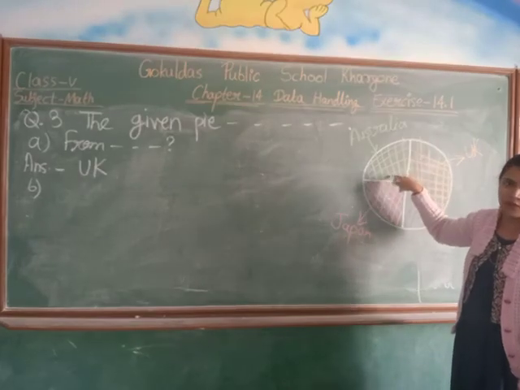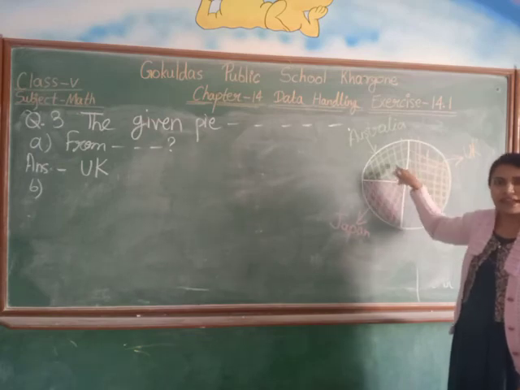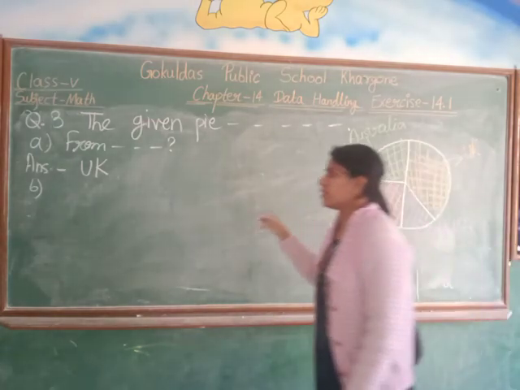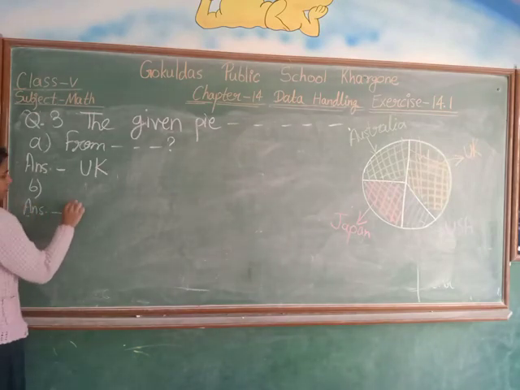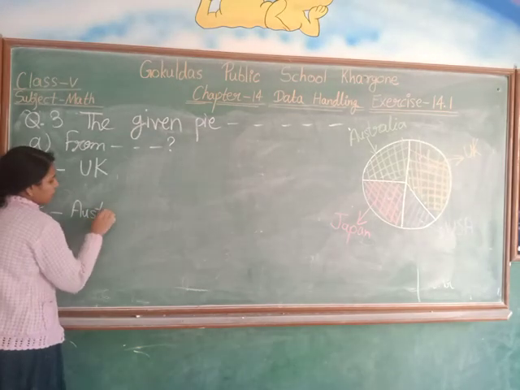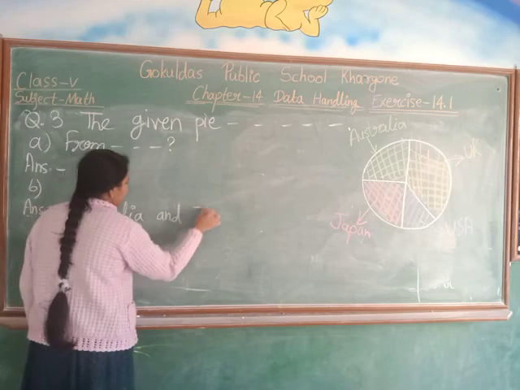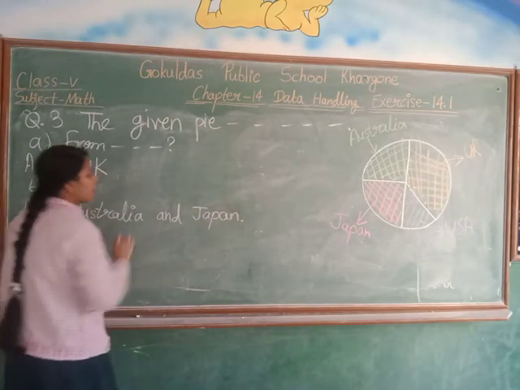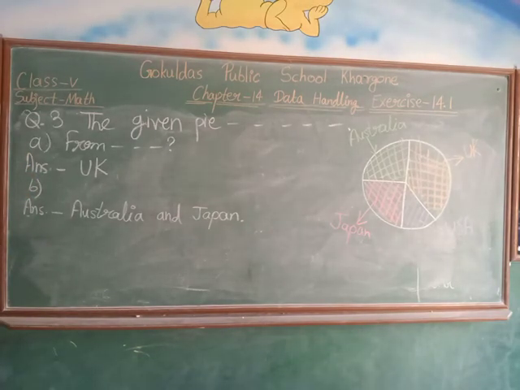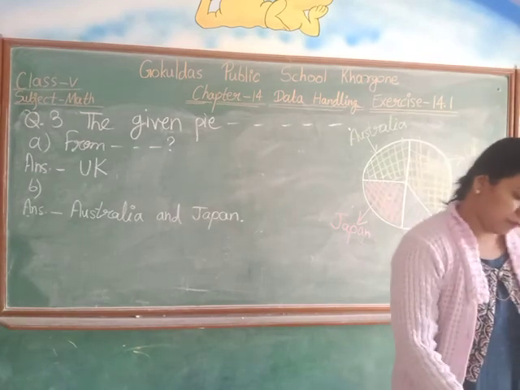Australia is showing 1/4 and Japan is also showing 1/4, meaning the data is same. So we will write the two countries are Australia and Japan, from which the number of tourists are same.